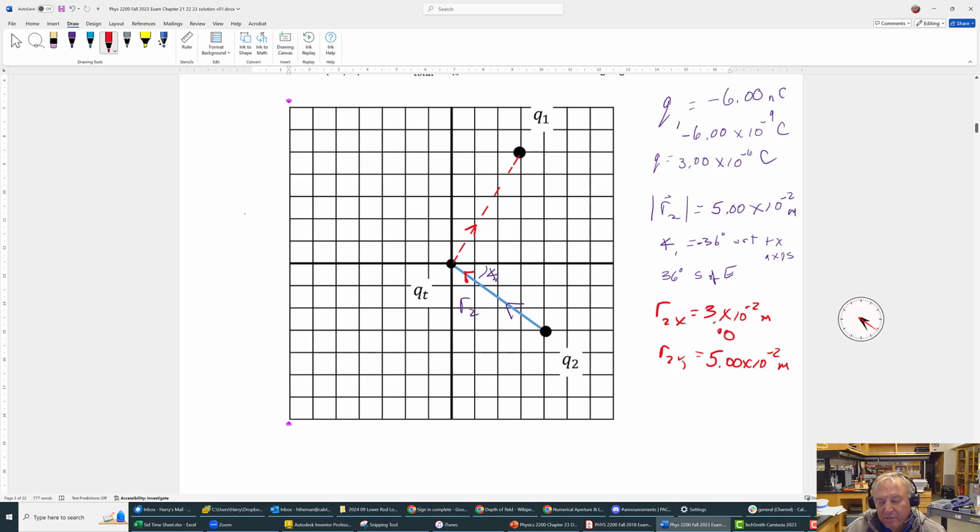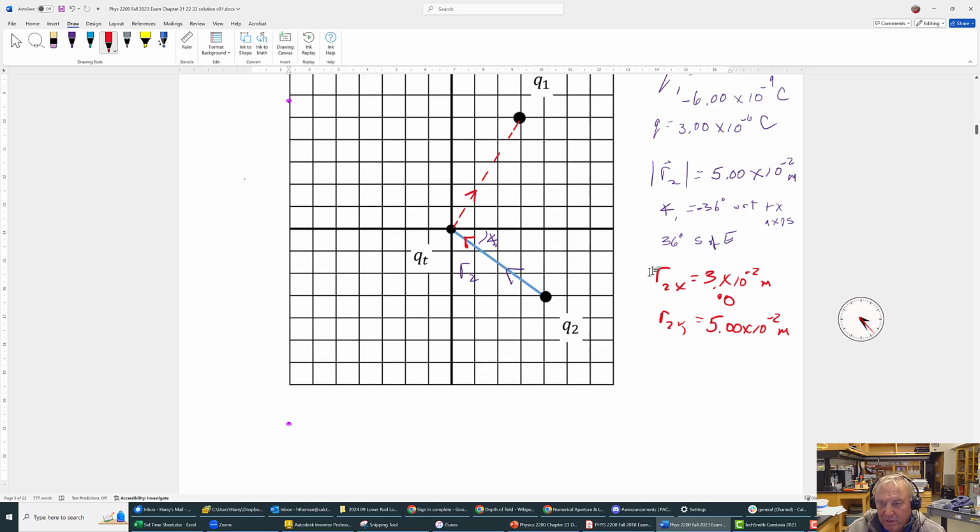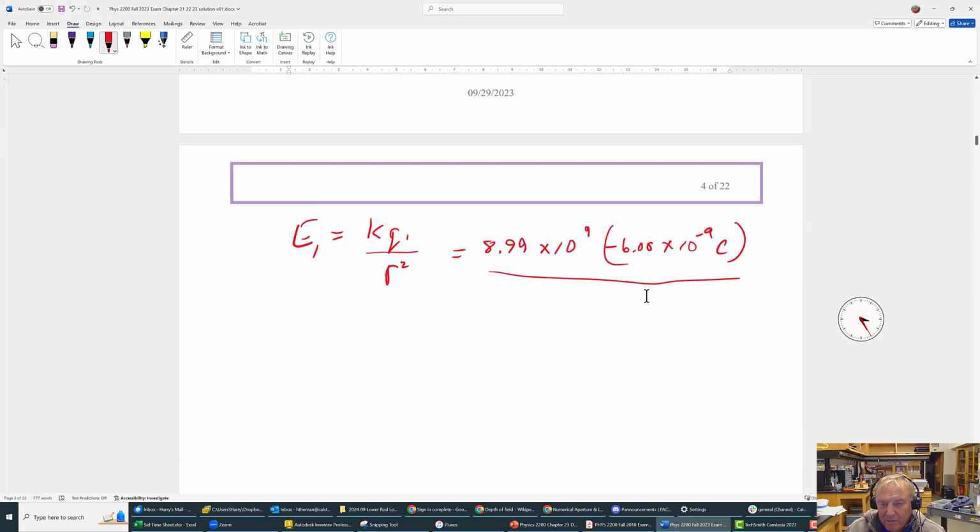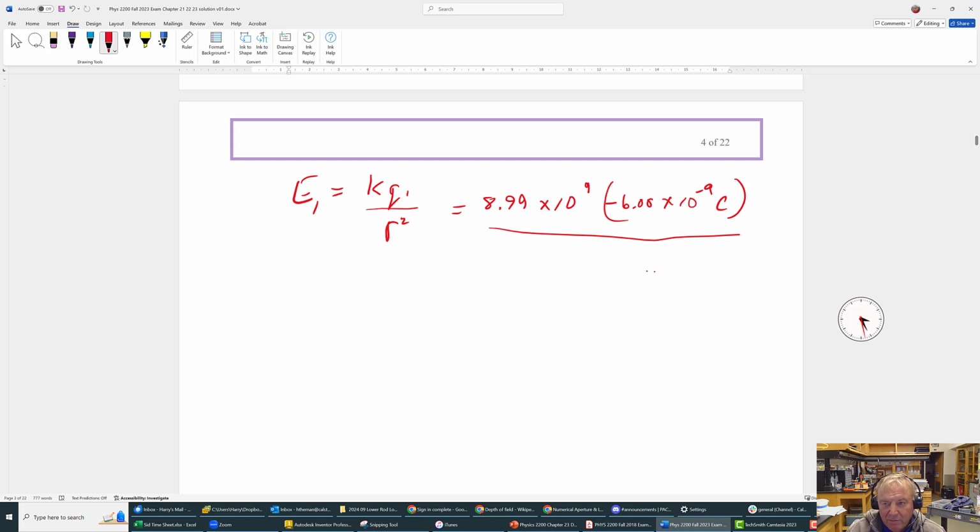Nice and neat. I'm too lazy to erase it. So we need the magnitude of that. So, right. It's 3.00 squared plus 5.00 squared equals square root of 34. 9 and 25.